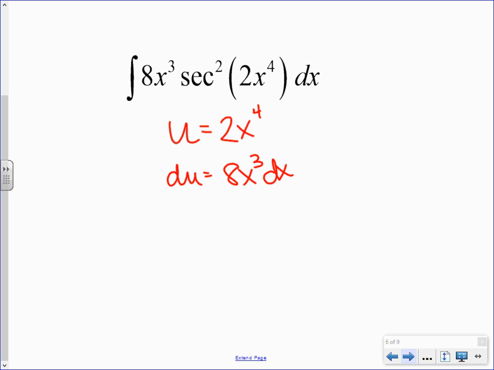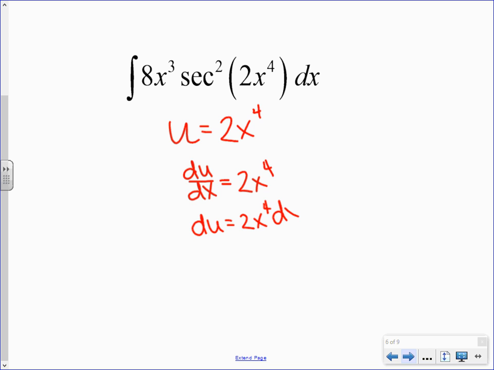Okay, for those of you who may be struggling with that notation, think of this, okay? You are right. If we take the derivative with respect to x, then du/dx equals 2x to the fourth. And so all we're really doing is taking that dx to the other side.